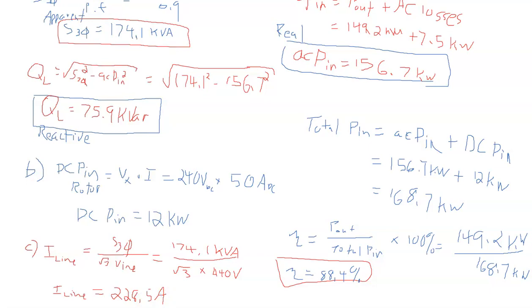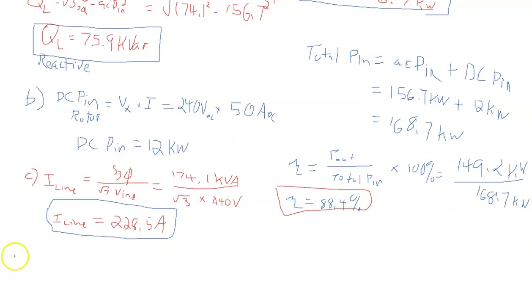And the last thing we're asked to calculate is the torque developed. Very specifically, it says torque developed. That is because we don't want you to use the power out value. We want you to use PMI or PR, all the same, right?